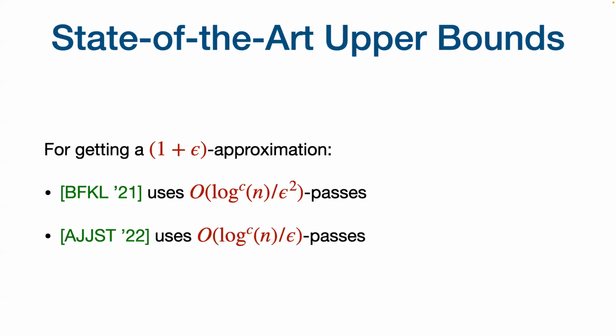And this was improved to polylog over epsilon number of, sorry. Does the C itself not depend on epsilon? No, the C is just some large constant. So only the epsilon square is coming in, yes. Okay, so this is again some large polylog over epsilon. So the epsilon dependence is better. You can get polylog over epsilon number of passes. So it's just some large constant C.